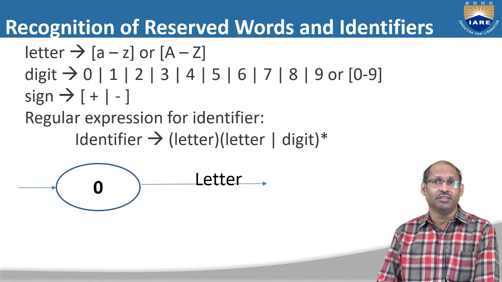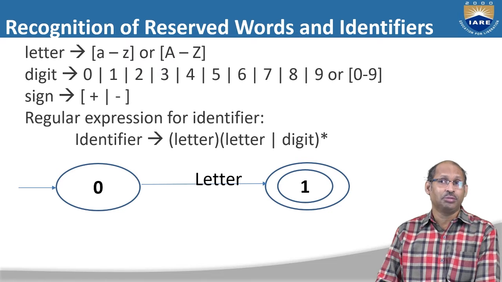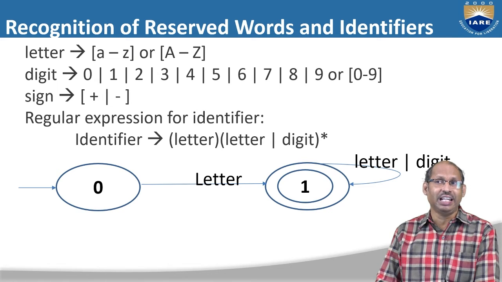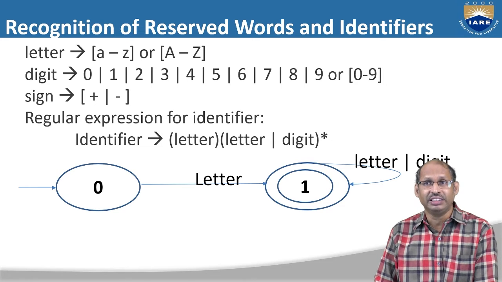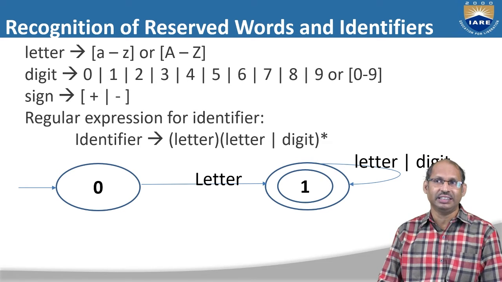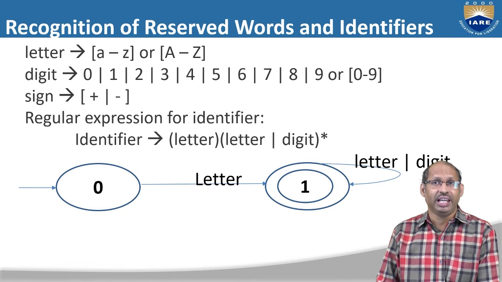Here, first the initial state 0 will read a letter and go to state 1. It may accept any number of letters or digits. What is an identifier?